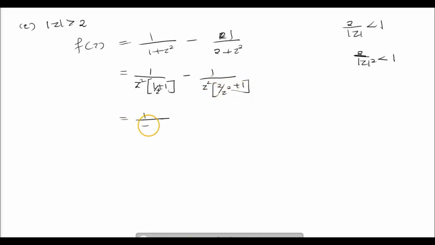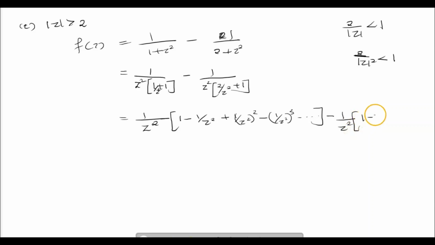Now this is 1 by z square into, use geometric expansion, 1 minus 1 by z square plus 1 by z square whole square minus 1 by z square whole cube etc. Also minus 1 by z square into 1 minus 2 by z square plus 2 by z square all square minus 2 by z square all cube etc.